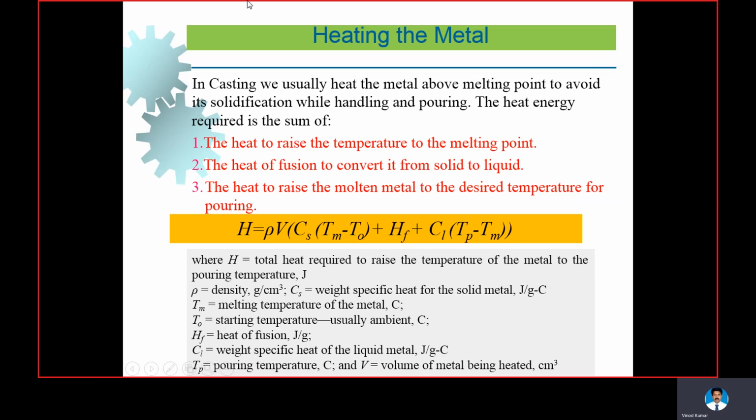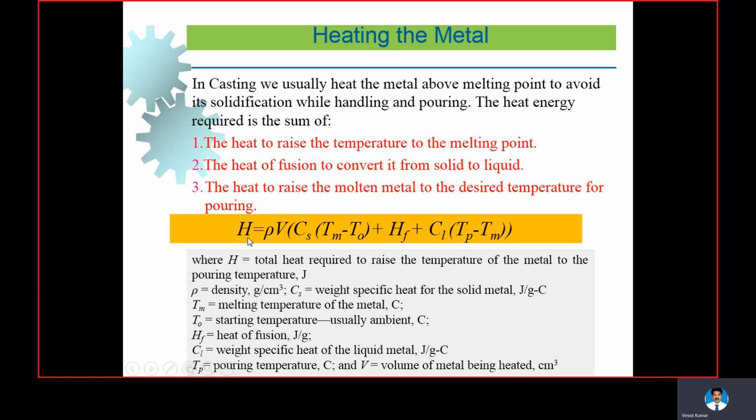The heating process takes place in 3 stages, as I explained here. Heat to raise the temperature to the melting point, the heat required to change solid metal to liquid metal, which is called heat of fusion, then heat to raise the molten metal to the desired temperature.